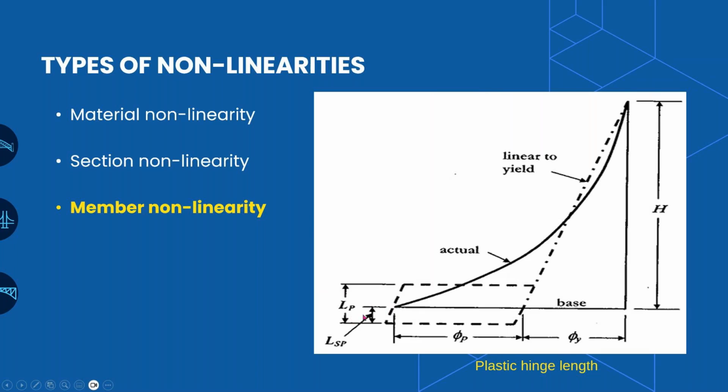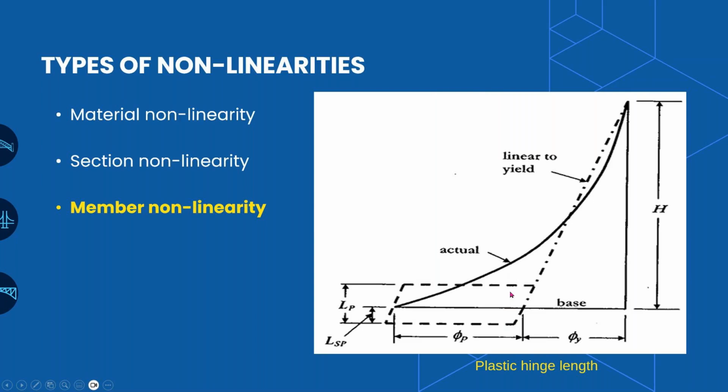Now, the computation of the plastic hinge length, which is LP, is based on the idealization of this particular nonlinear curve into an equivalent triangle and a parallelogram, which is seen here. This is purely on an experimental basis as well as from past experiences in earthquakes.